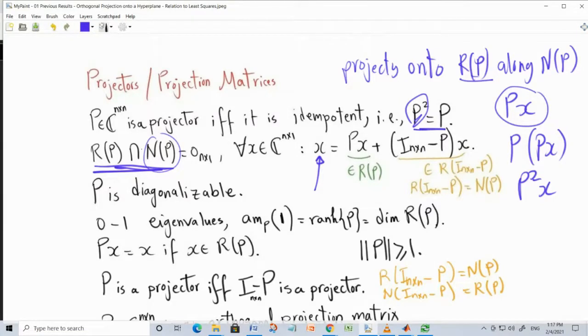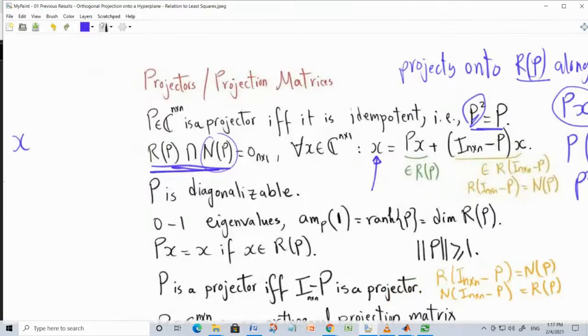And you take any vector in the space, you take vector x. You can express it as follows. You take x, you write it as Px. Of course, x is not equal to Px unless x lives in the range of P, but for a general x, you have here Px, so you add x and you subtract Px. And so this is equal to Px plus (I minus P) multiplied by x.